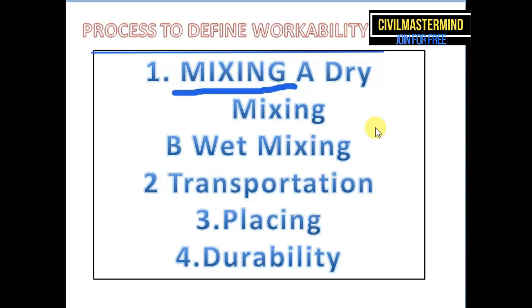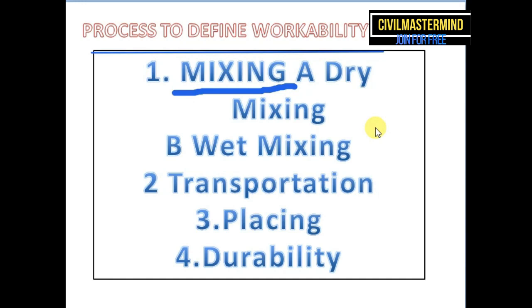Then the third factor is the placing. It has to be placed on the wall, on the slab, or at a particular place wherever the construction work is being conducted by the mason.